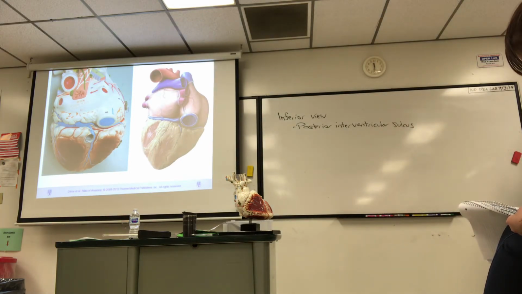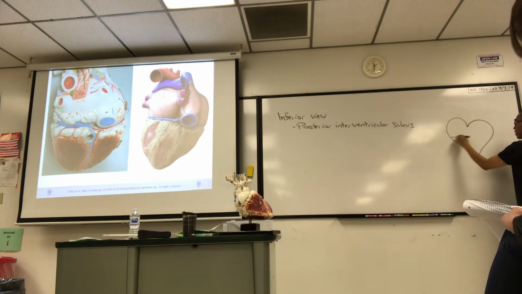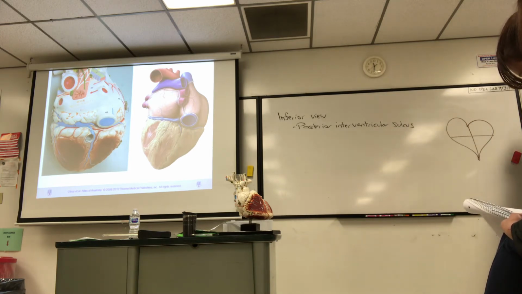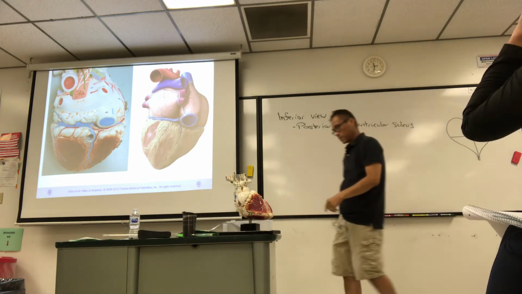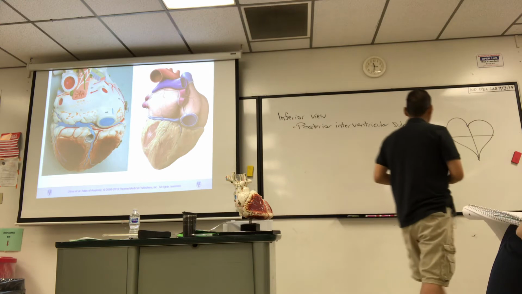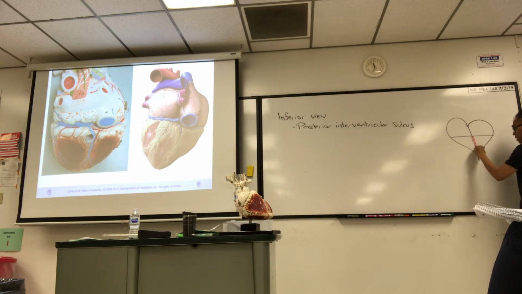You know, the posterior and the anterior interventricular sulcus, they kind of meet front to back. So if I draw a simple Valentine's heart, then we've got our 4 chambers there. The anterior interventricular sulcus is in the front, but the posterior interventricular sulcus is in the back, so I'll use dotted lines.